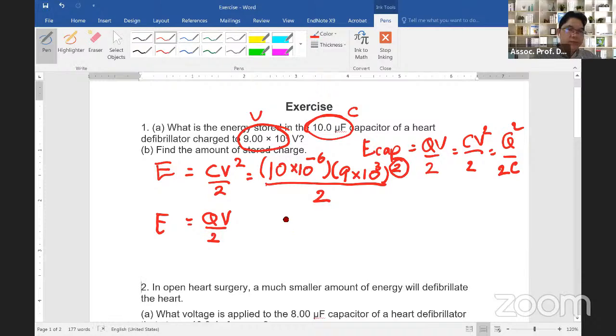So if you need to calculate Q, Q equals 2E divided by V. How much is Q?